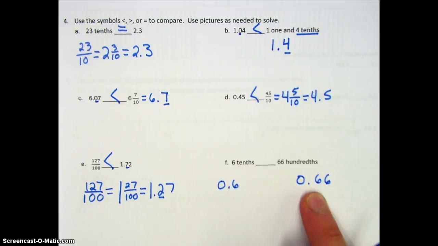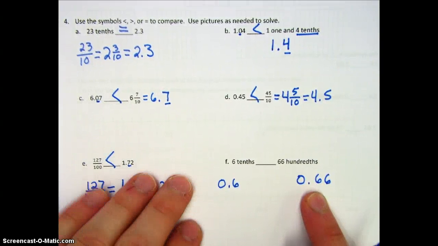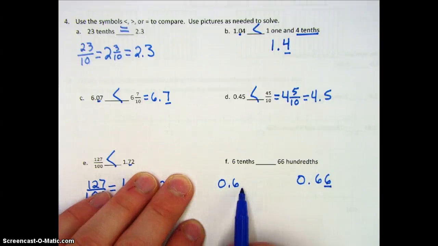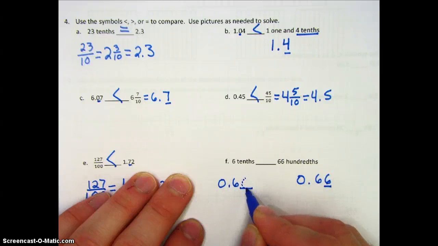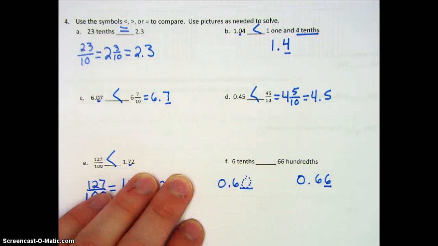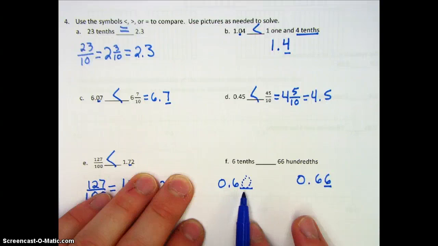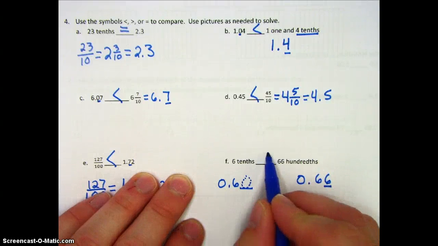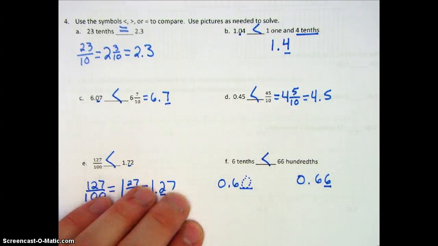So we need to look at the hundredths place. So this one has a 6 in the hundredths place, but notice how nothing is written over here in the hundredths place, which means that there's 0. Okay, because remember 6 tenths equals 60 hundredths. So now we're comparing 0 versus 6. So 6 tenths is less than 66 hundredths.